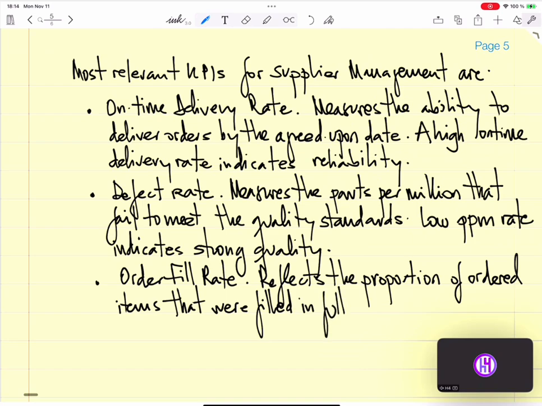This is critical for meeting better production schedules.